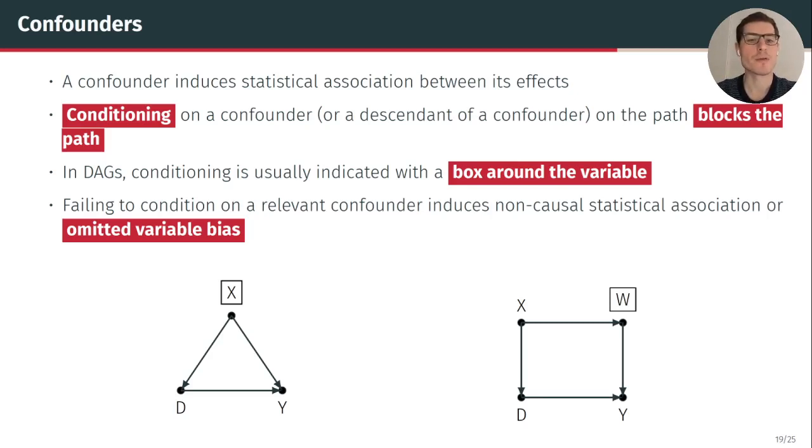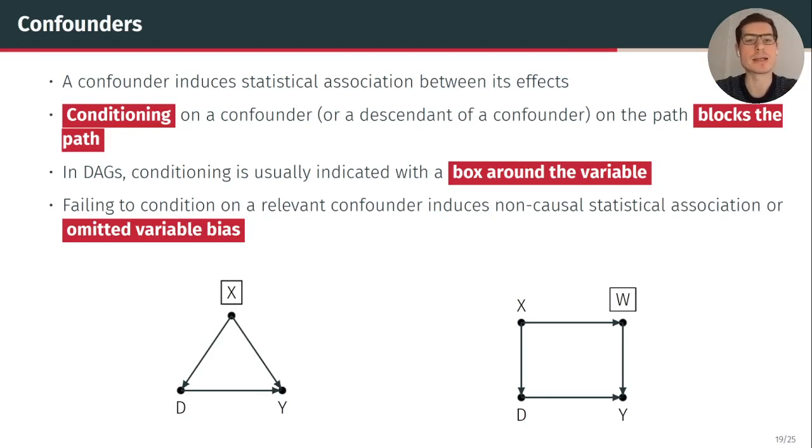Now we learn the first thing we can do and how this changes our interpretation in a DAG, which is we can condition on a confounder, or a descendant of a confounder. We will consider that later. And when we do that, it blocks the path. We will learn much more about blocking paths and isolating the causal effect of interest in a causal graph setting later.